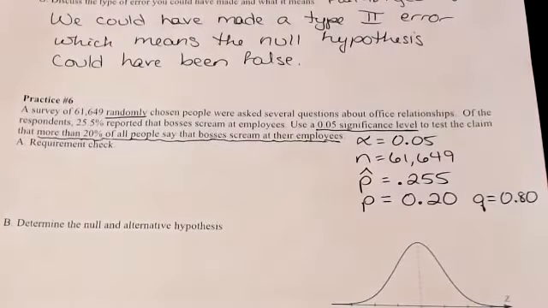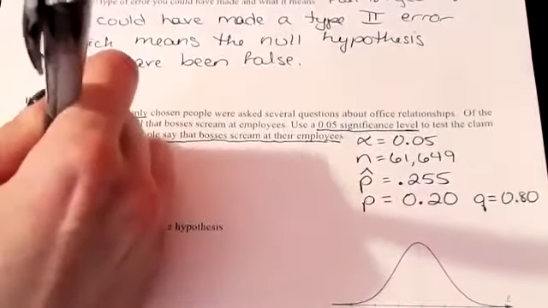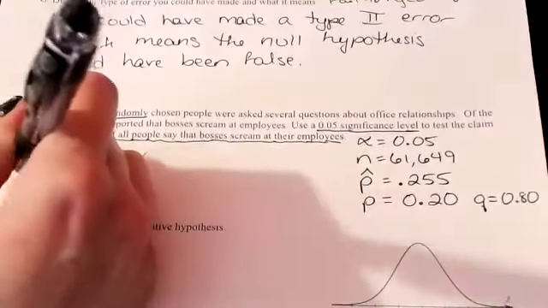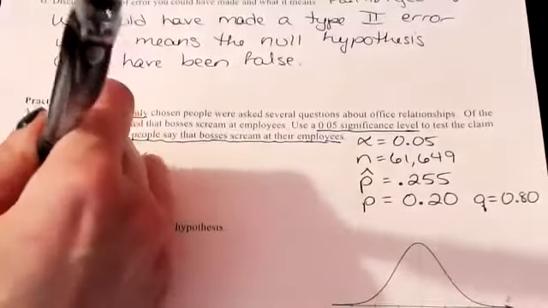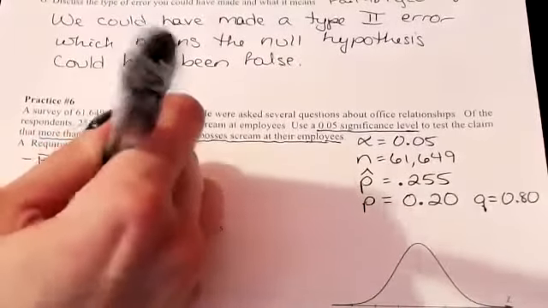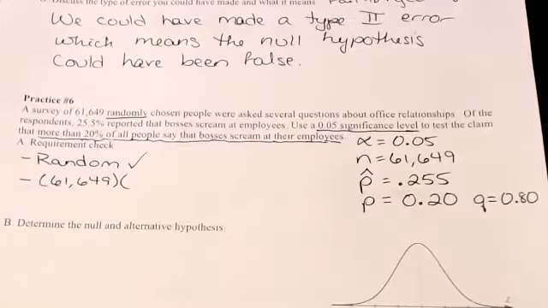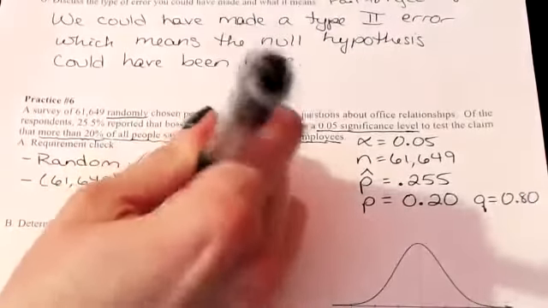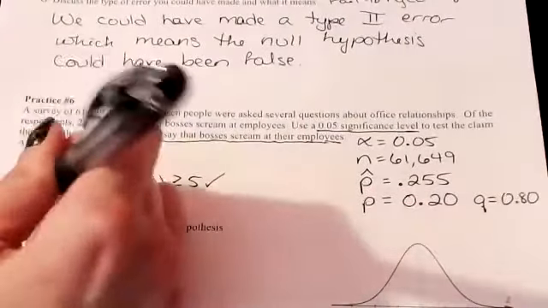We want to do a requirement check. Notice first that we have a simple random sample. We also want to check that N, the number of survey respondents, multiplied by the population proportion P, our success value, is greater than or equal to 5. Yes, that is satisfied for sure.